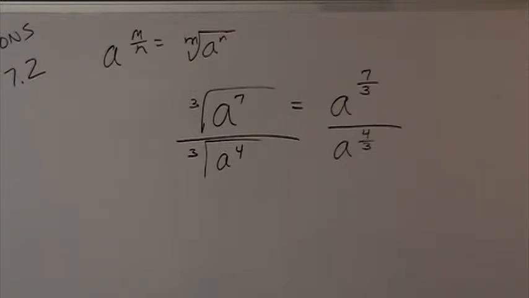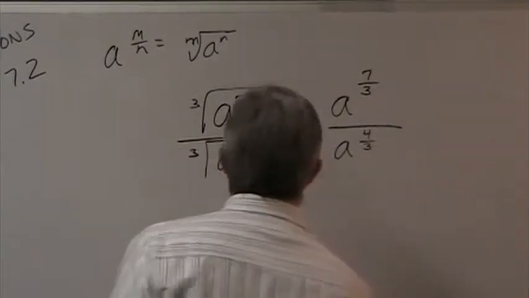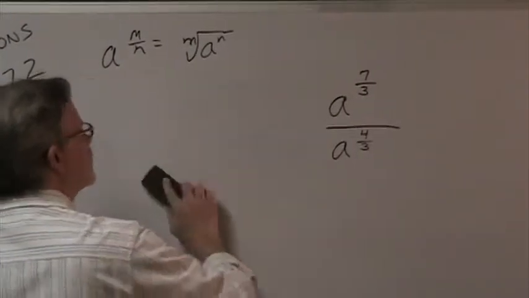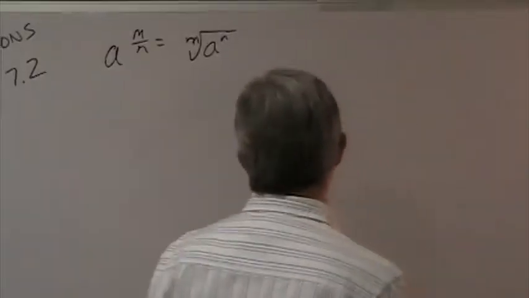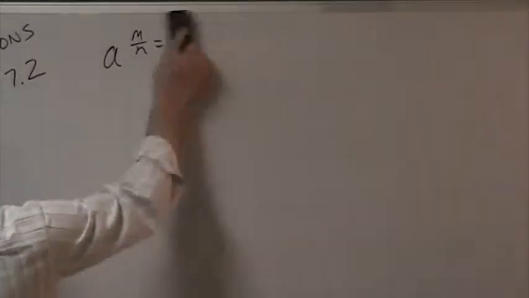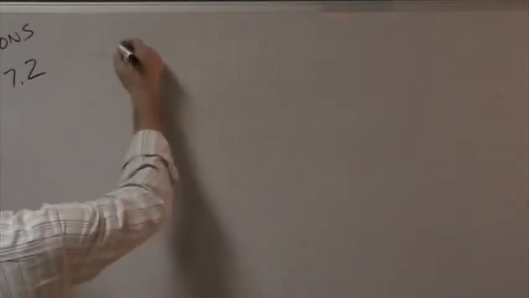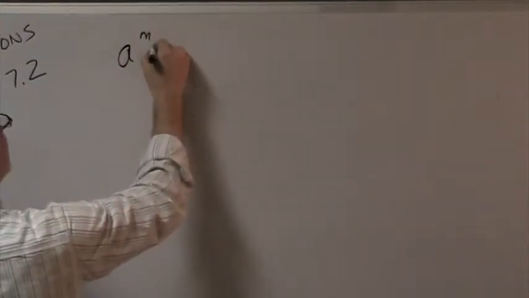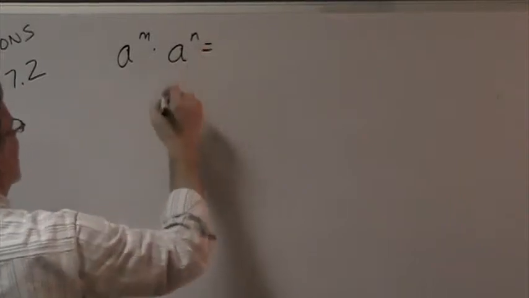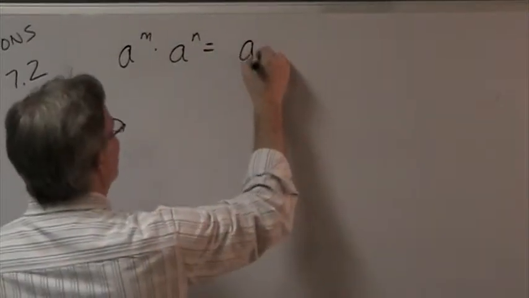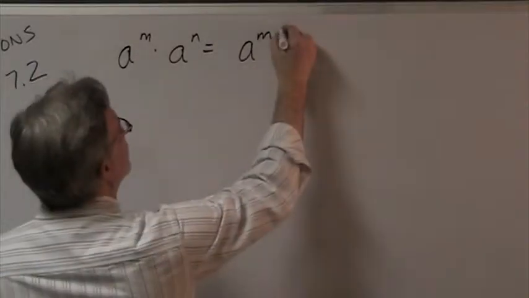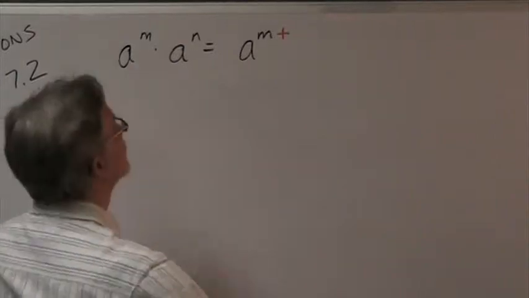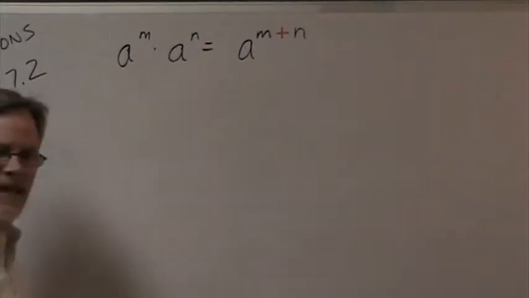Let's take a look at some different properties of exponents, because that's really what's going to fall into place for us. When we look at some different properties of exponents, the first property we want to look at is the product rule, and that is, let's go ahead and erase this, a to the m times a to the n is equal to a to the m plus n.